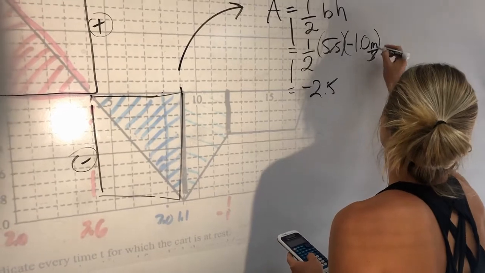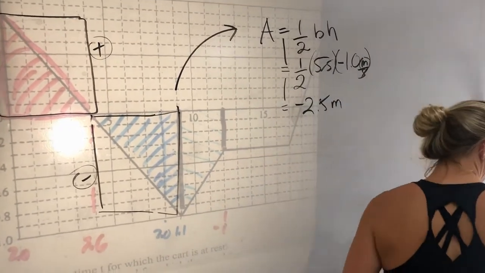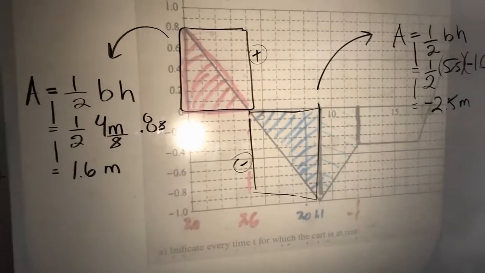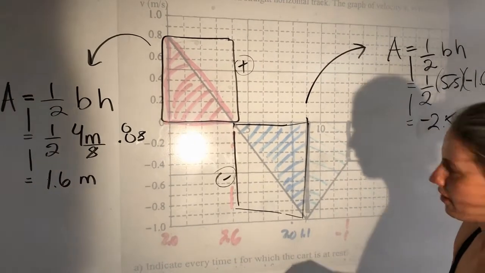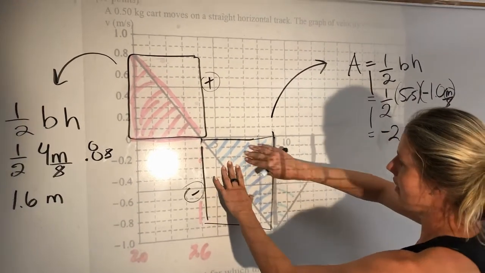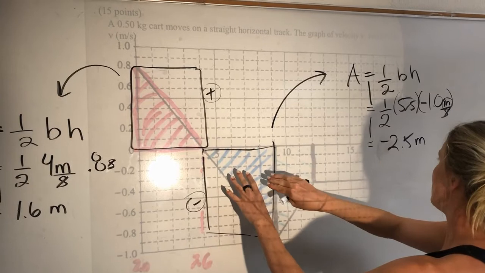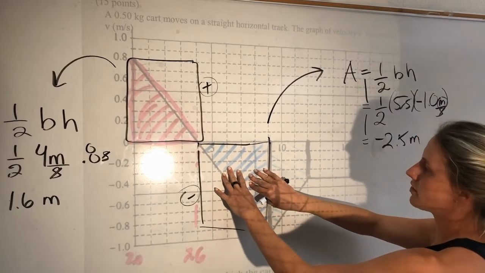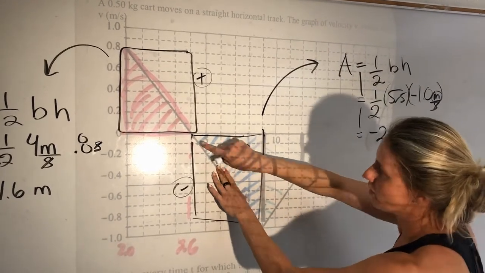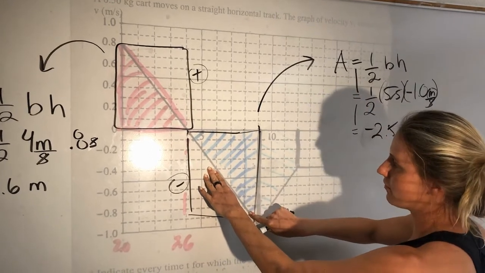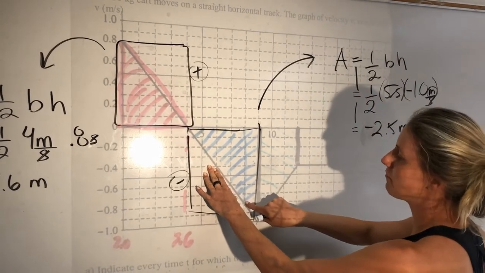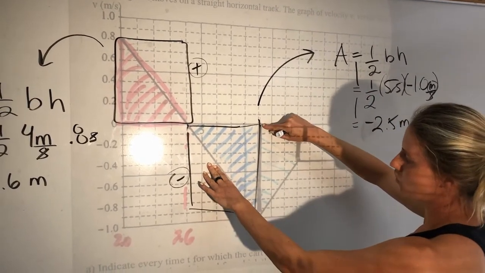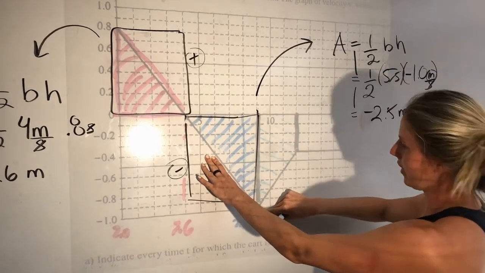And my units are meters. All right, so that means that the area in this triangle is -2.5 meters, which means the displacement during this time going at this velocity is negative 2.5 meters. That negative again just means that we're going in the negative direction.